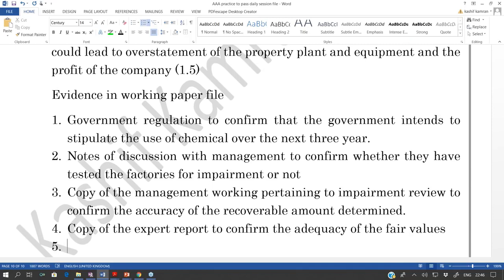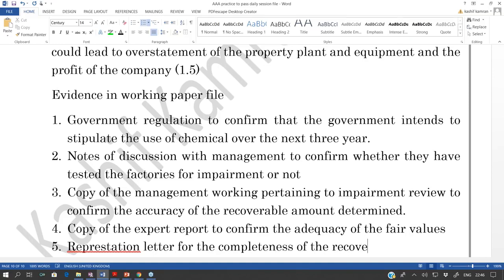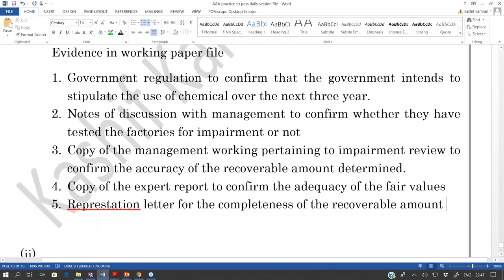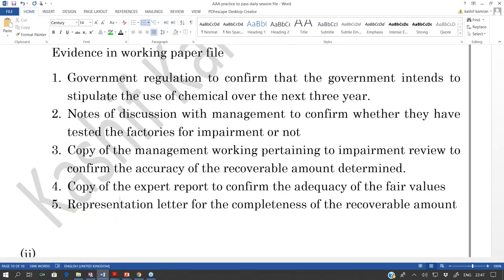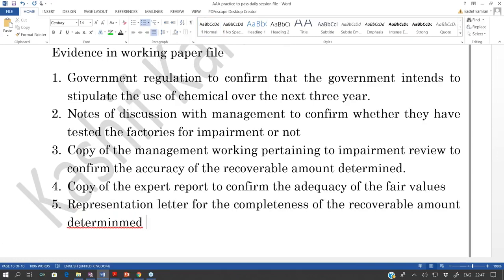Can I also take the representation letter for the completeness of the recoverable amount? I can take the representation letter for the completeness of the recoverable amount determined by the management.